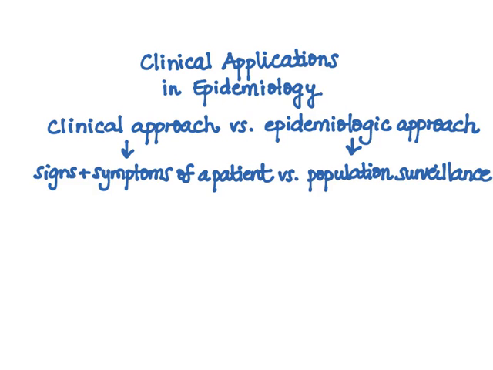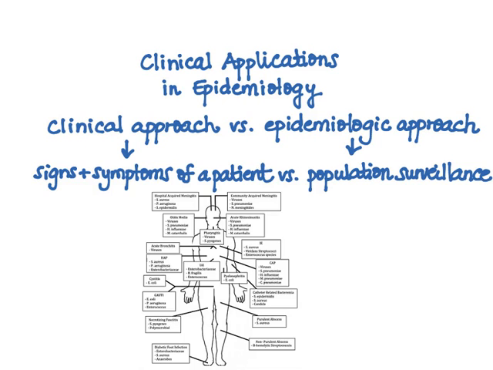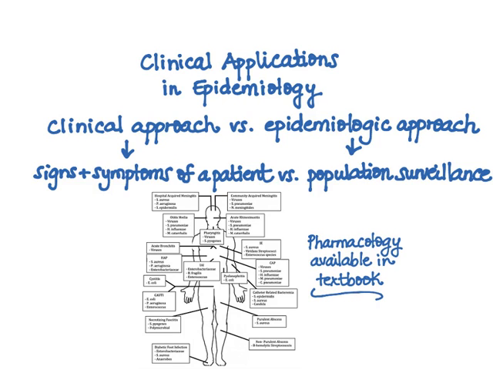I'm going to bring up an image below of the most common causes of infection seen clinically. These are organized by organ systems, and pharmacological recommendations to each of the microorganisms are available in the Public Health Epidemiology textbook in the description of this video.